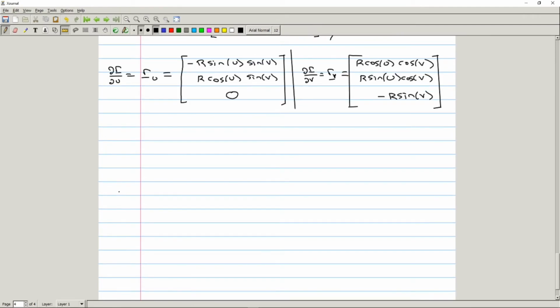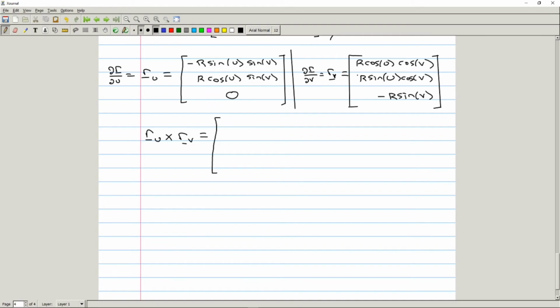So let's just go through and practice finding this ru cross rv. And this is just going to be the cross product of this vector and this vector. This is the vector that's going to give us our normal vector, that's always normal to the surface.